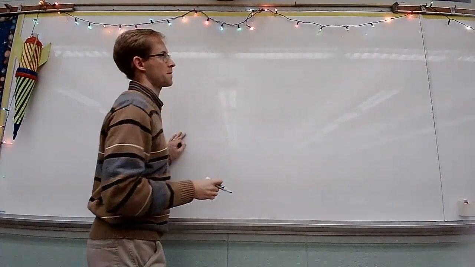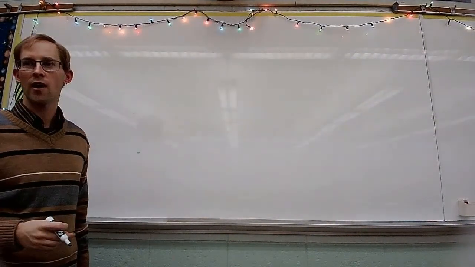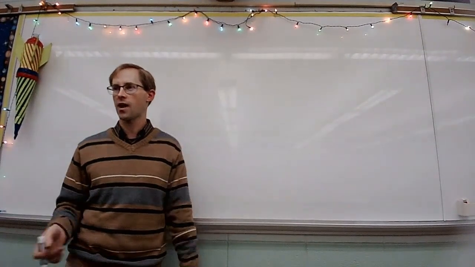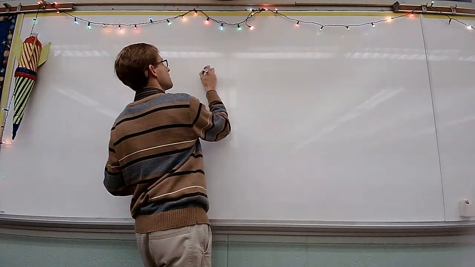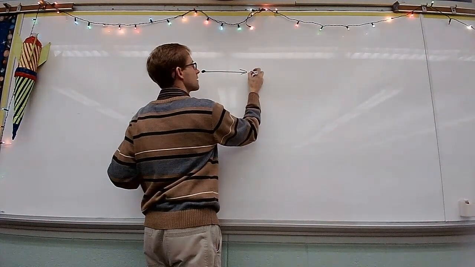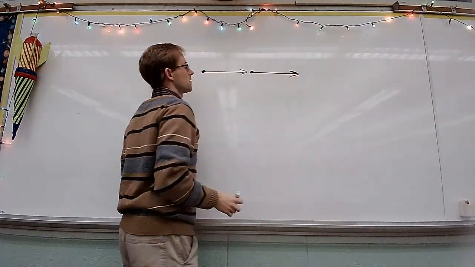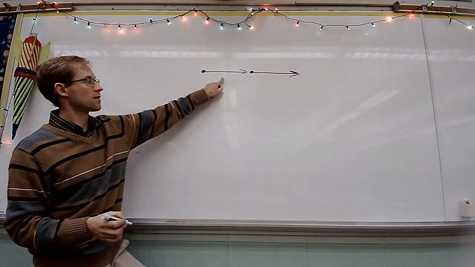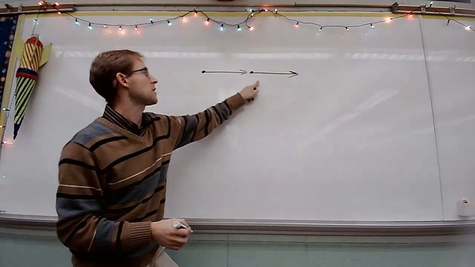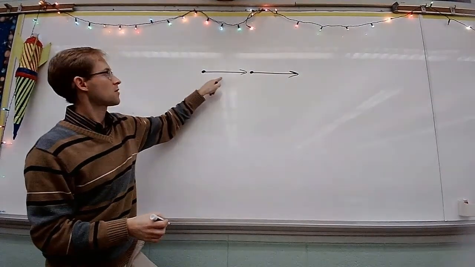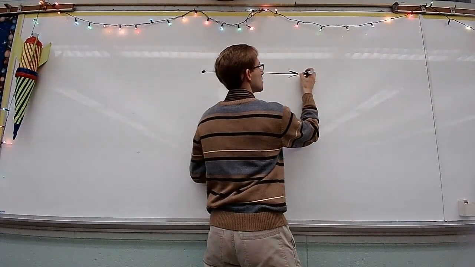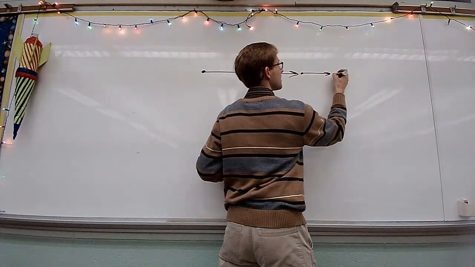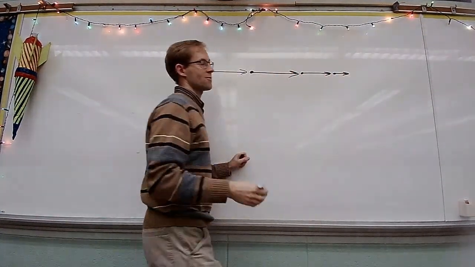Basically, motion maps are using arrows and arrow lengths to show you what's going on with the motion. So let's say I have something that looks like this. This would mean that I've got an object that's moving with a pretty good speed. These arrow lengths represent how fast it's going. So if my next arrow would look something like this, and then something like this, what's happening?